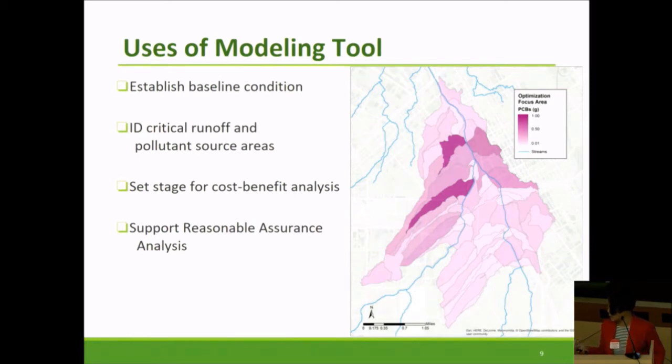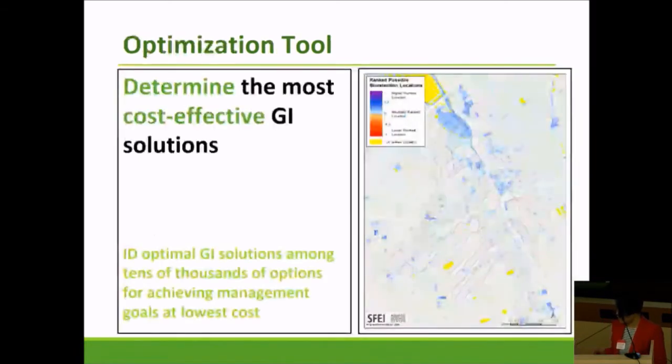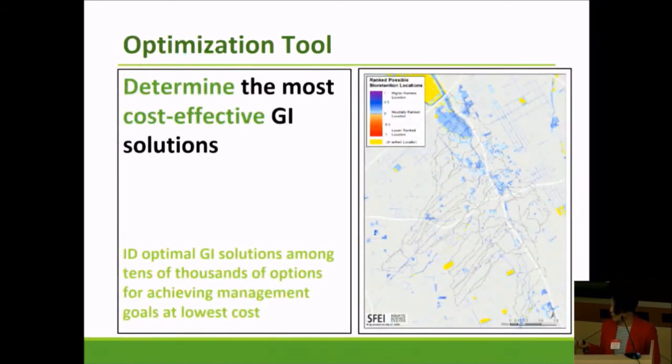It can support that. Now the optimization tool: as I said, there could be tens of thousands of combinations for our study. You could end up with tens of thousands of different combinations of green structure types, numbers, and locations within the watershed. So this tool can help you determine the most cost-effective solutions to achieve your management goal with minimal cost.